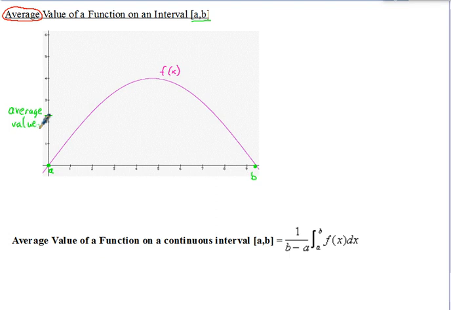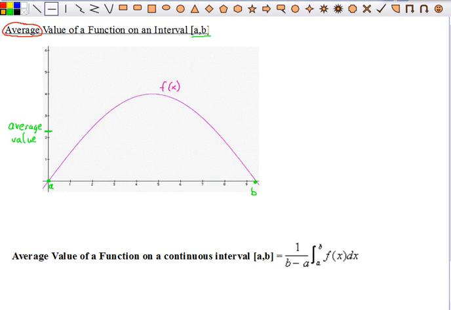And then wherever you chose your average value, take your ruler and draw a horizontal line across on that interval from a to b. And then draw the rectangle down from that average value.